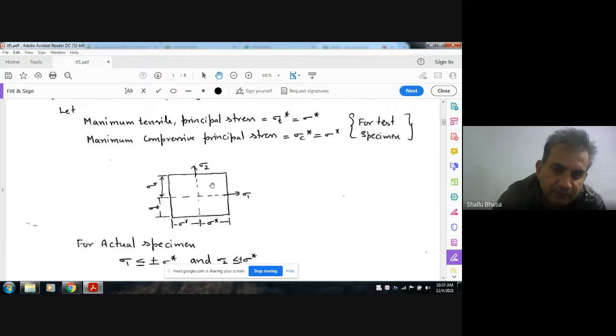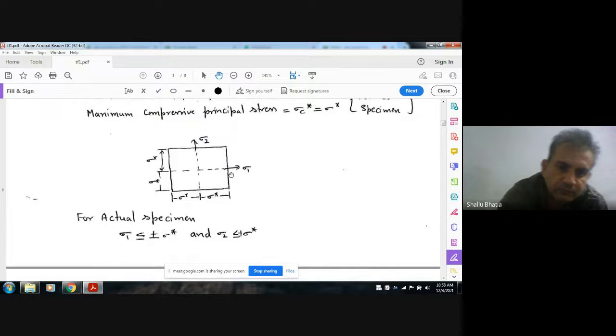When the material is subjected to stresses within the square, less than sigma star in one direction and less than sigma star in the other direction, then the material is safe. This region represents the working stresses of the specimen, and in the region outside, the material will fail. So sigma 1 should be less than plus minus sigma star, and sigma 2 should be less than plus minus sigma star.